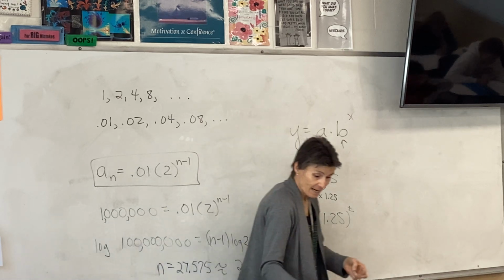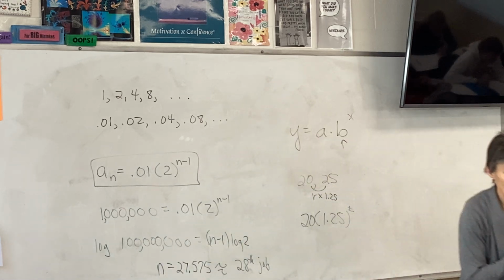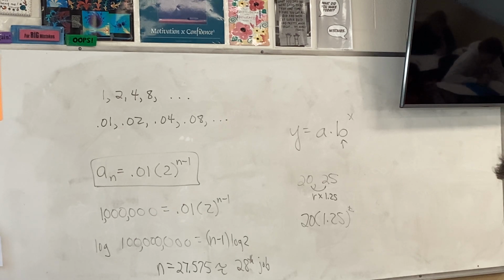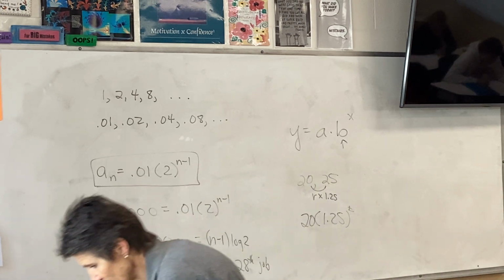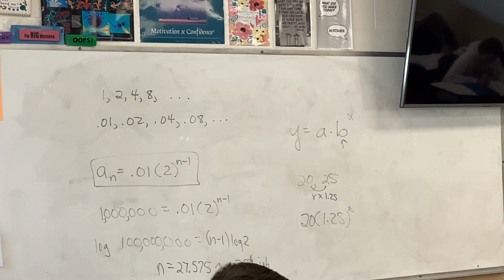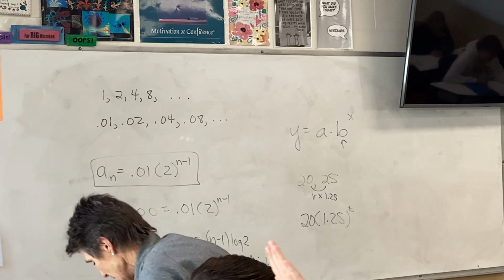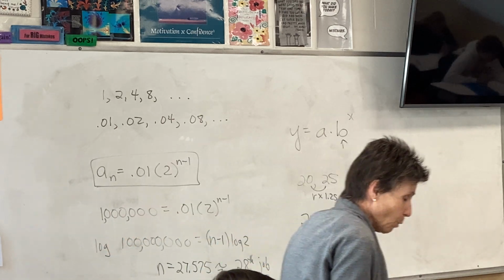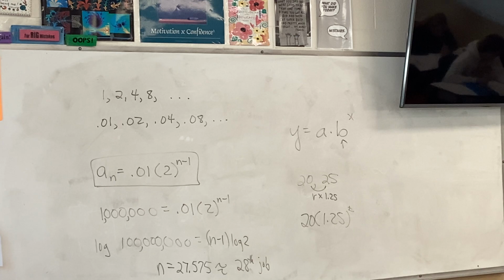All right, now, I should have printed these in color, but it costs too much money, so I didn't. And I've got some colored pencils, so what I want you to do is color on the next page.